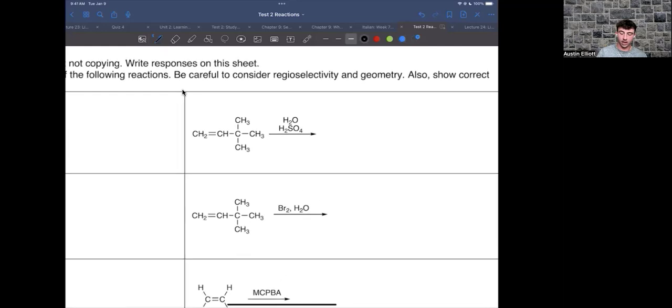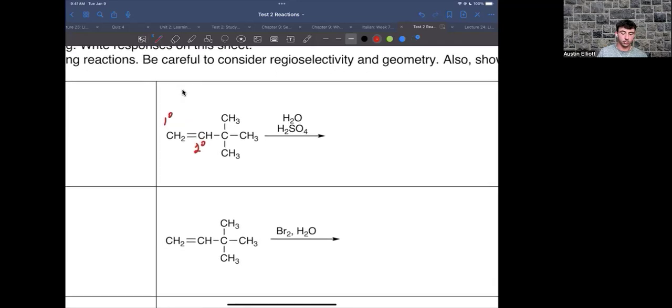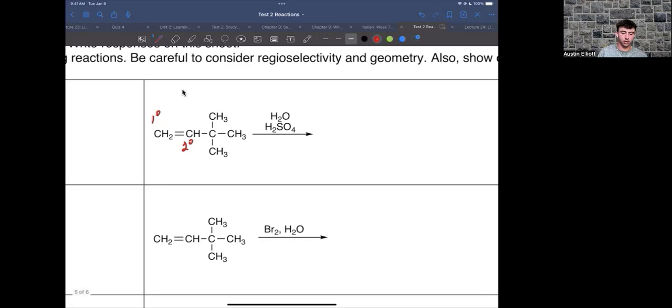So here we have a 1', 2', but when we look over in this part of it, we have a carbon with 3 groups.